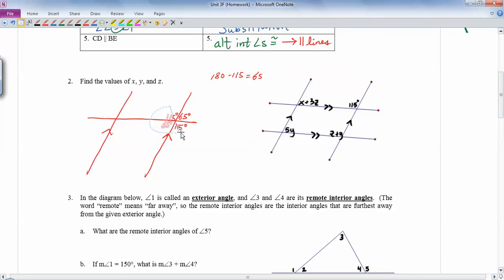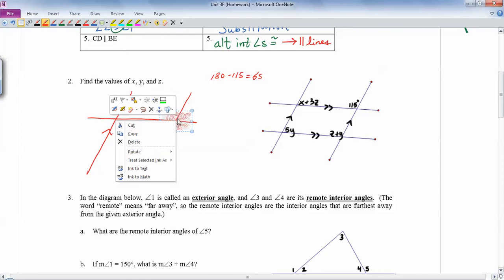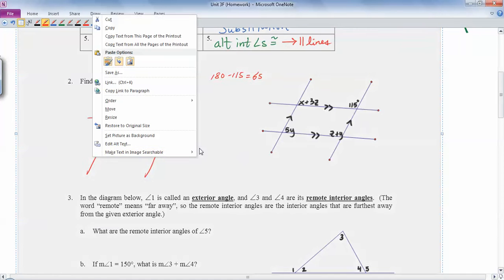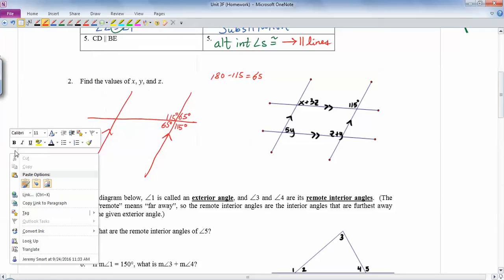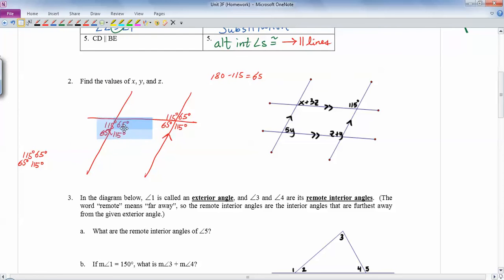And then these four angles would slide right over to these four angles because parallel lines make corresponding angles congruent. So those all have to be the same size.